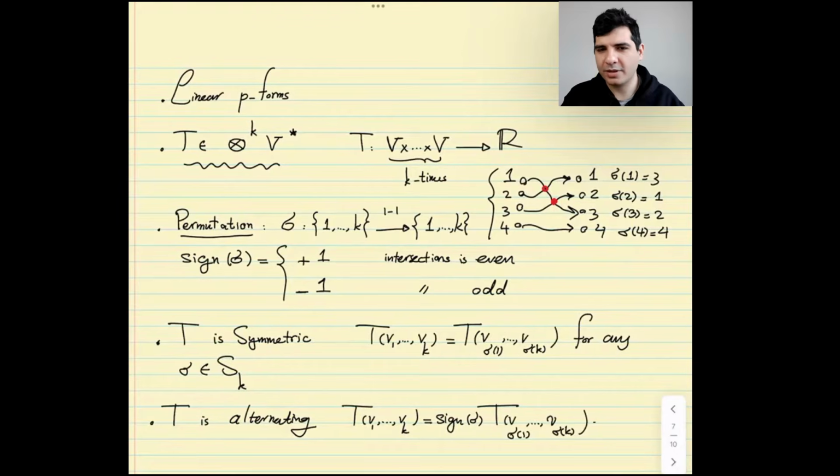So it might be +1, it might be -1. So there's just a plus or minus in front of T. This is quite essential, especially alternating tensors play an important role.